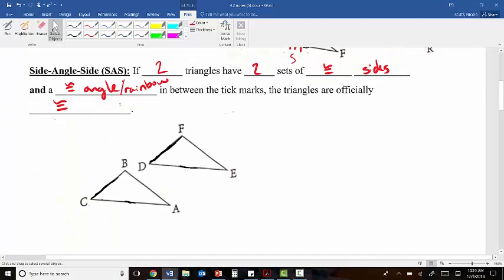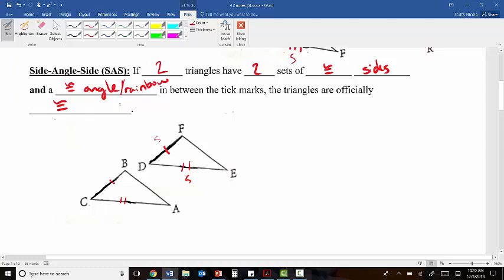The next theorem we'll be practicing is called side angle side, or SAS for short. You're still going to have 2 triangles, but this time you get 2 sets of tick marks. So again, you want to think in your head S, S. You don't have SSS yet, so we're going to freeze the S and S. You also need a congruent angle, or for lack of a better term, a rainbow between your tick marks.